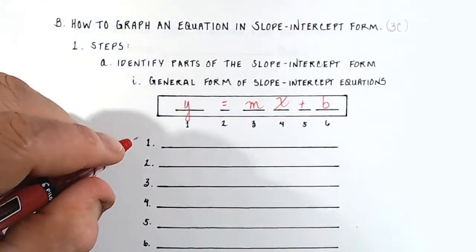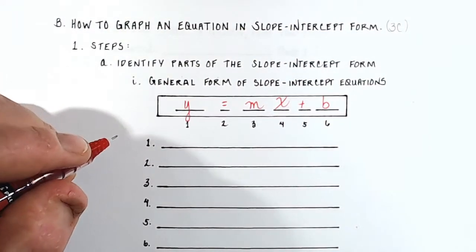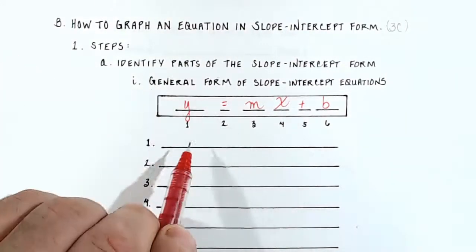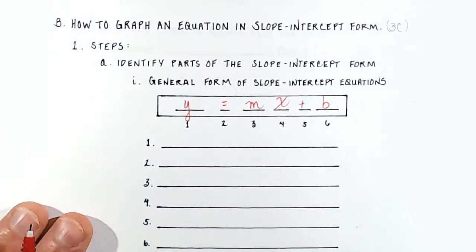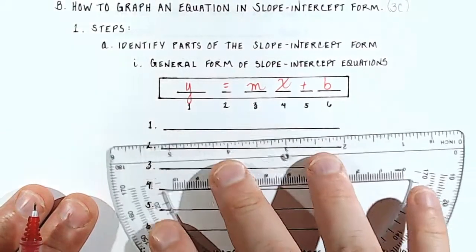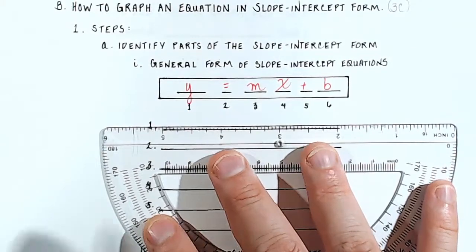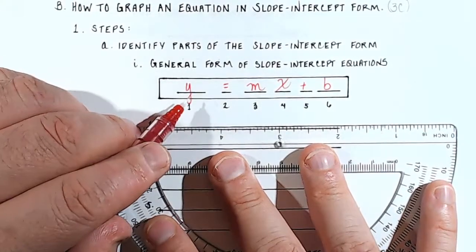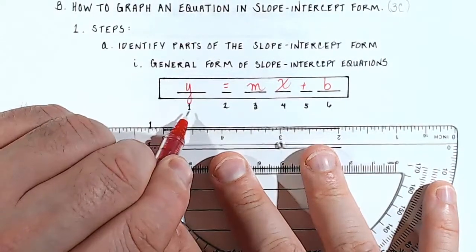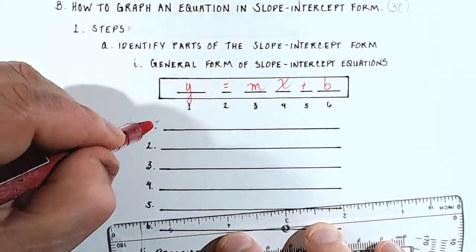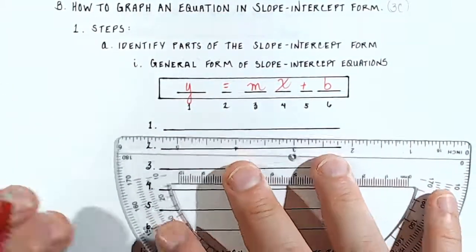And we want to identify these different components using the proper math vocabulary. So y is number 1. These numbers correspond to these numbers, and we're going to fill out this vocabulary.